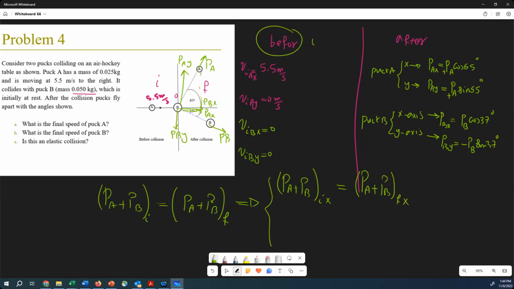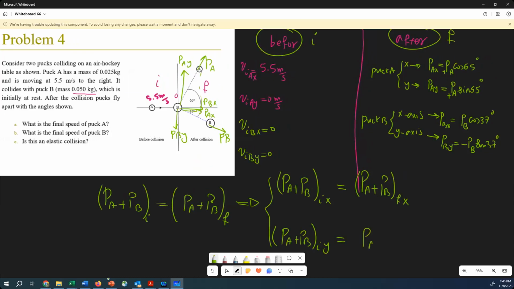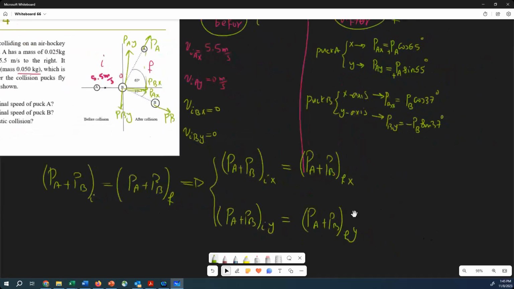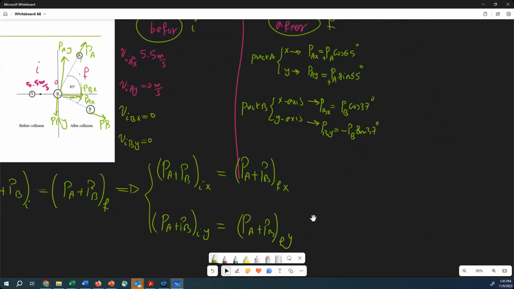This is I, this is F. And PA plus PB I in the y-axis should be PA plus PB F in the y-axis. Good? Make sense? Okay, I'll just go ahead and write everything here.